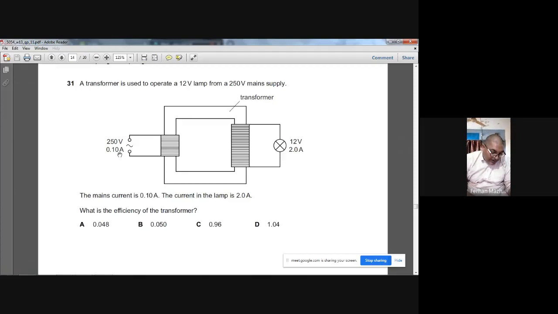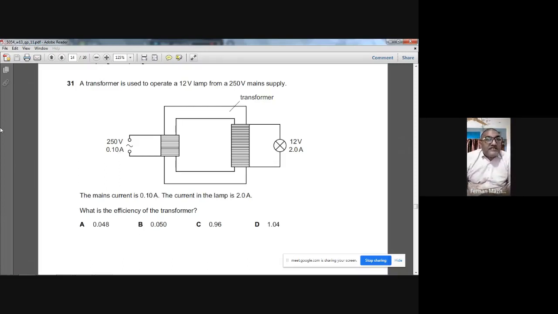Multiply them, the input power is 25 watt. On the output side, the useful output power, the formula is IV, the voltage is 12, current is 2. 2 multiplied by 12, so you get 24 watt. So the input power is 25 watt and the output power is 24 watt.